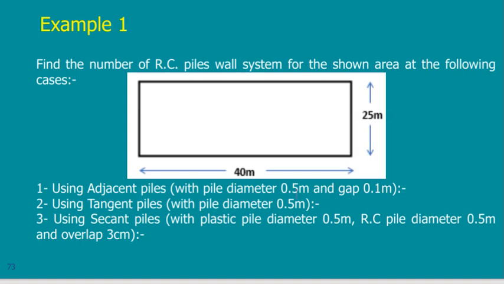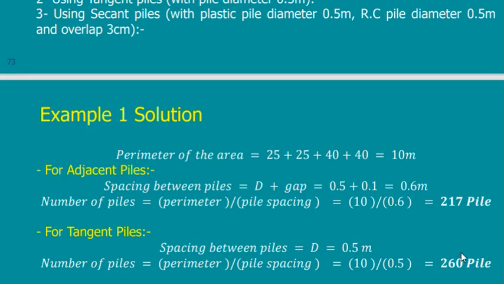So in the first one, you are just going to count the number of piles. In the second one, you are also going to count the number of piles, but it will be more because you don't have gaps. Here you are going to count the number of plastic piles and then count the number of reinforced concrete piles. So what is the perimeter?